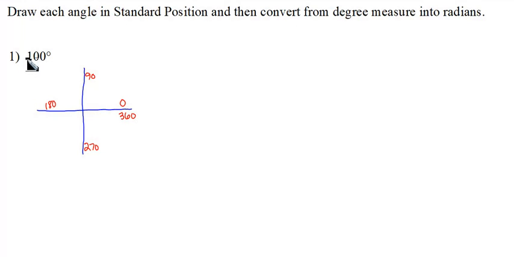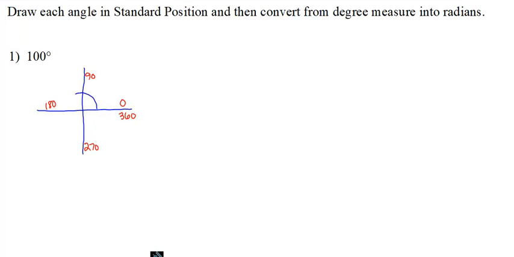So if our angle measurement is a positive angle, we're going to proceed counterclockwise to find this angle. So if I start at 0, I'm going to come around to 90, but I don't stop there. I need to go just a little bit past 90 to about 110.